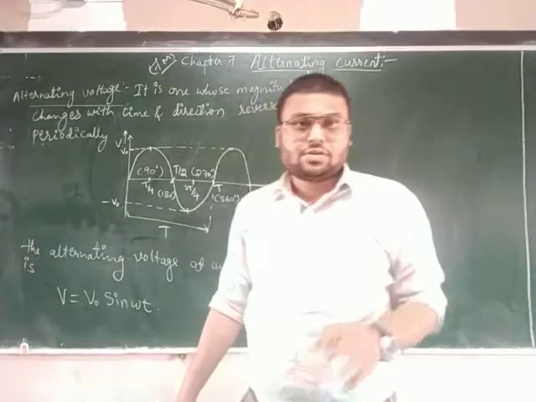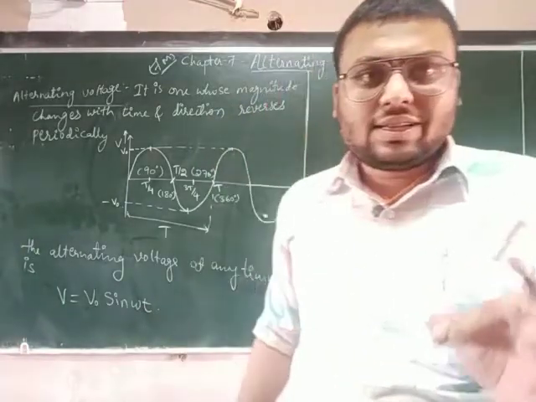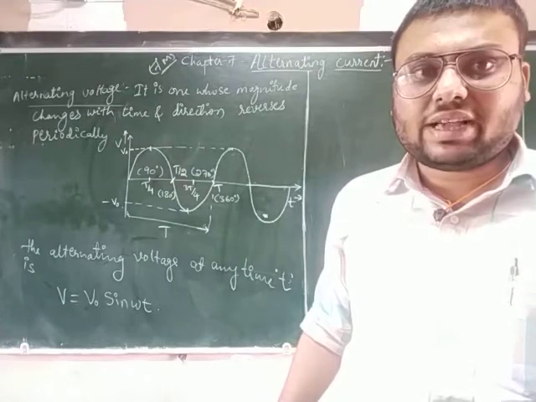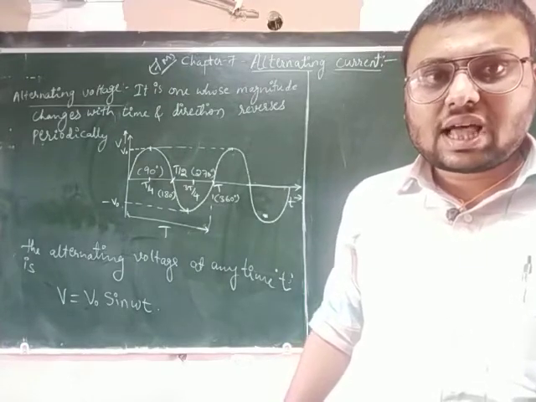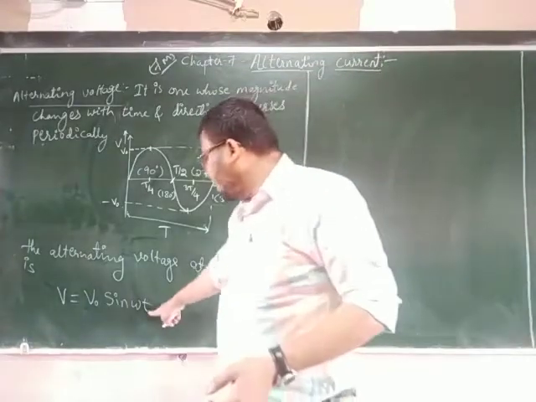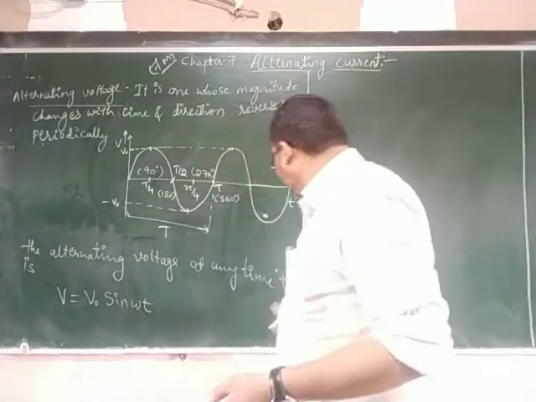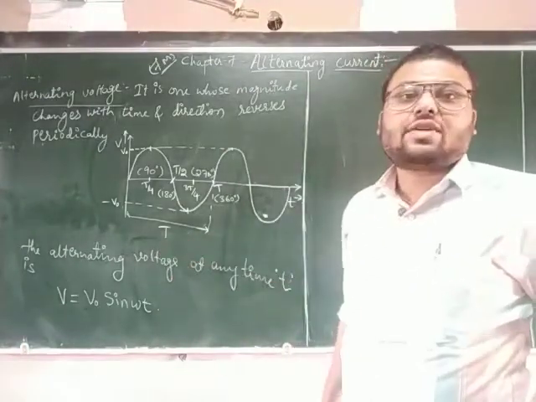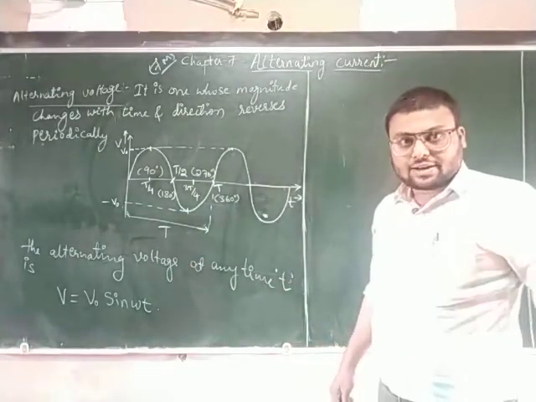So V naught means the amplitude of alternating voltage. Omega is the angular frequency of alternating voltage. And t is the time at which we are finding the alternating voltage. Is it clear?